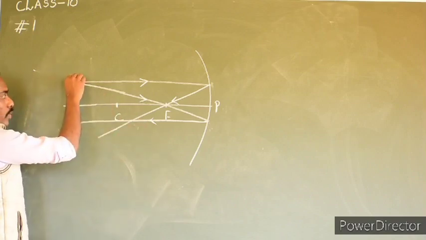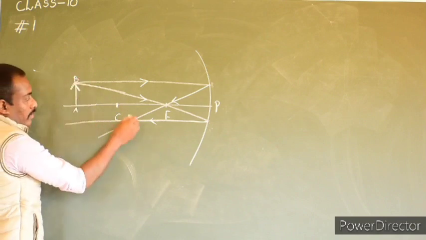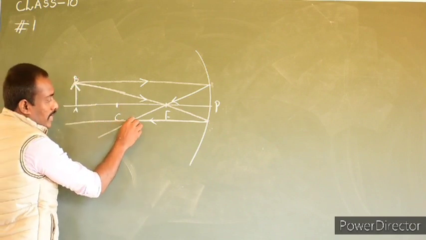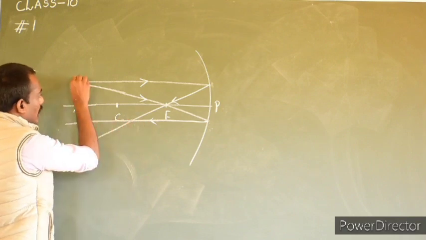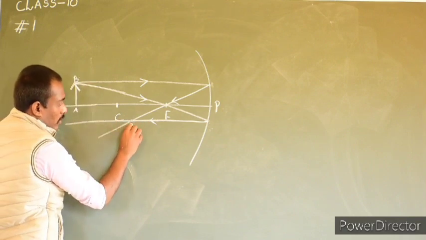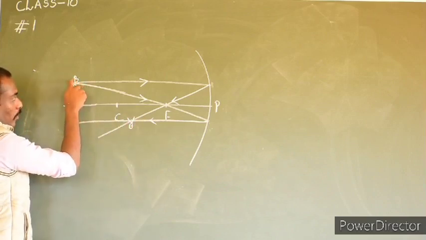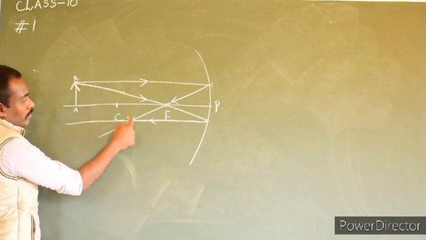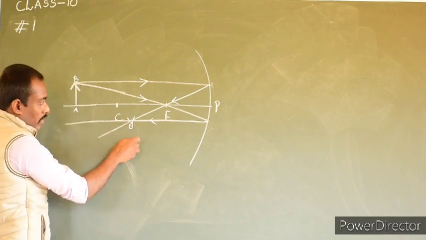Since these 2 incident rays start from the point B, the point where these 2 rays are reflected and meet will be the image of B. So this is the point B, that means the point B of the object will be imaged here.